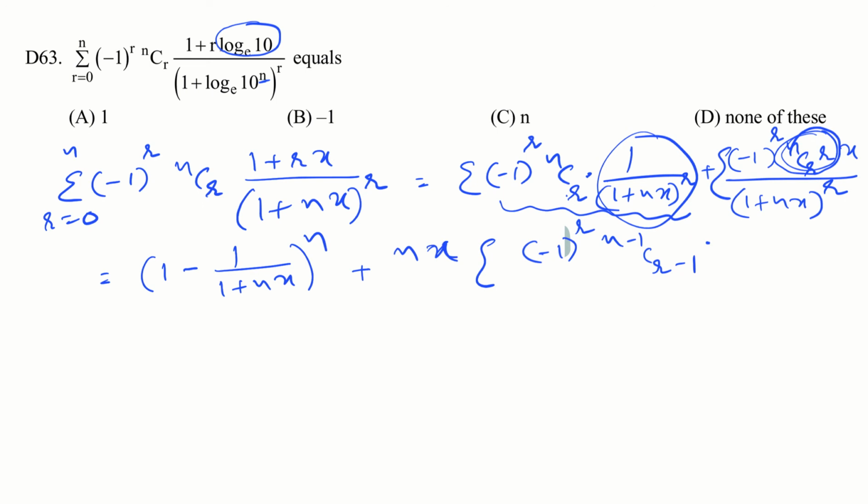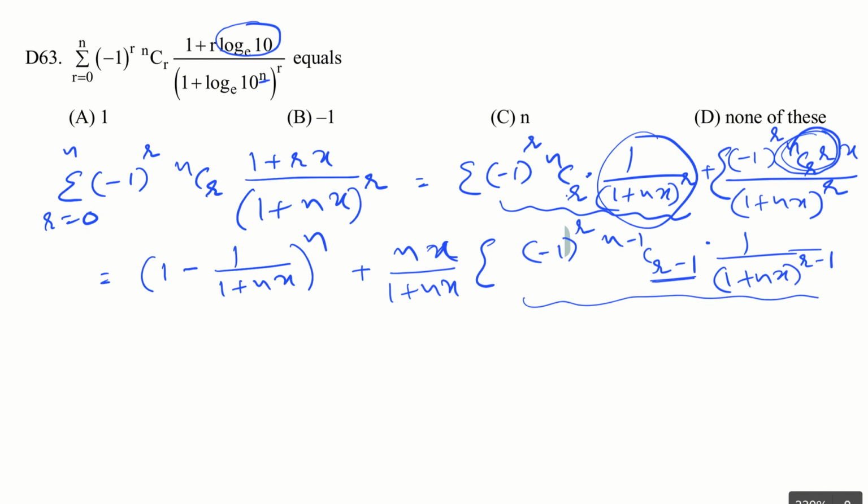So under sigma, x is constant, r is varying. So numerator is finished. Now coming to the denominator, as I have only r minus 1 here, in the denominator I'll write one extra (1+nx) outside, and the remaining r minus 1 (1+nx)'s we keep inside the sigma. And to see it as the expansion, I'm having one r extra.